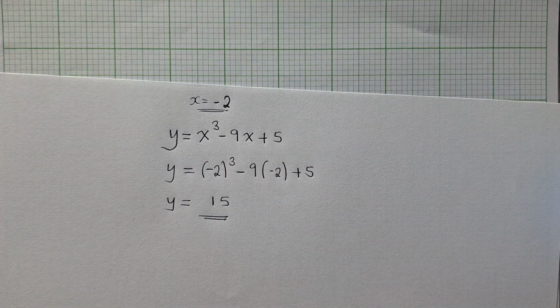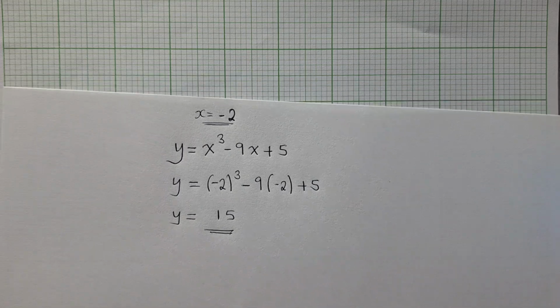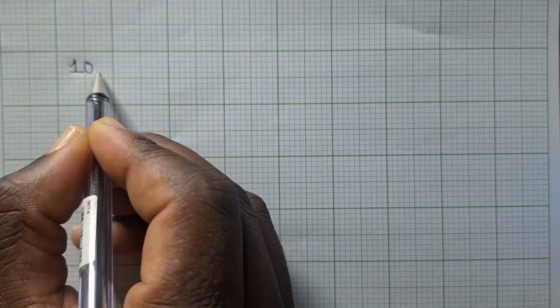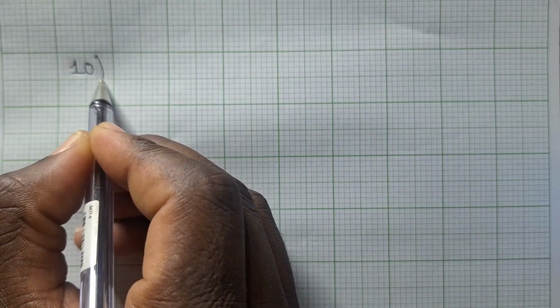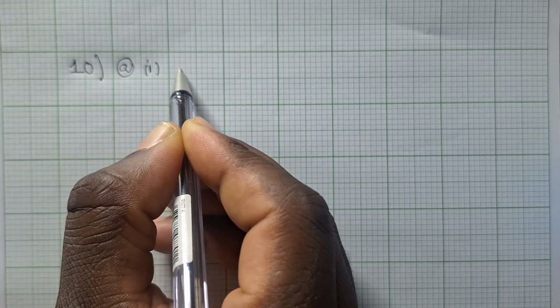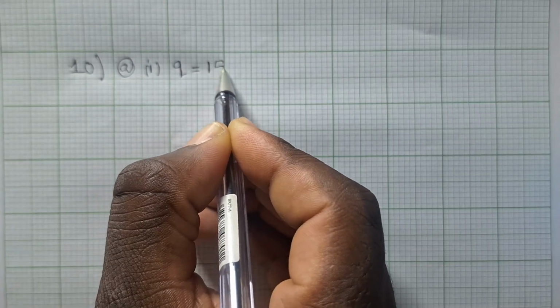Without wasting that much time doing all these calculations, just get your calculator and punch what I've just shown you. After doing that, you write, this is question 10, so indicate question number 10, A1. So q is equal to 15.